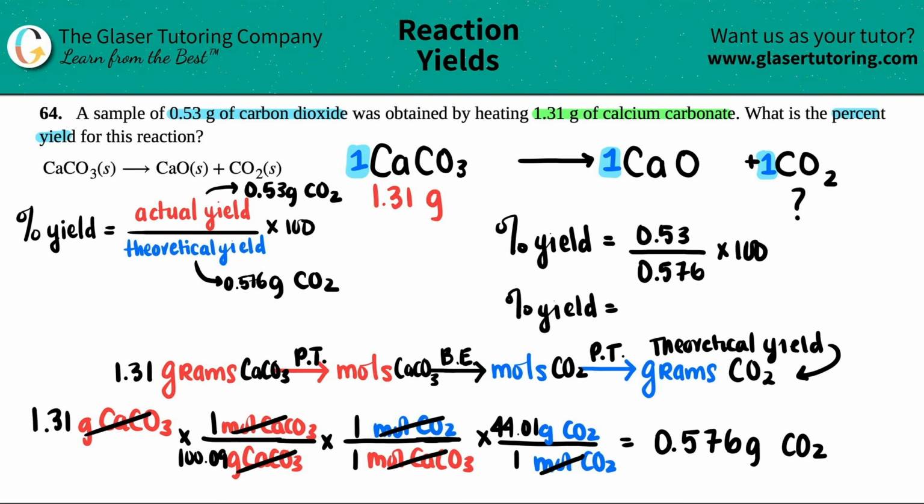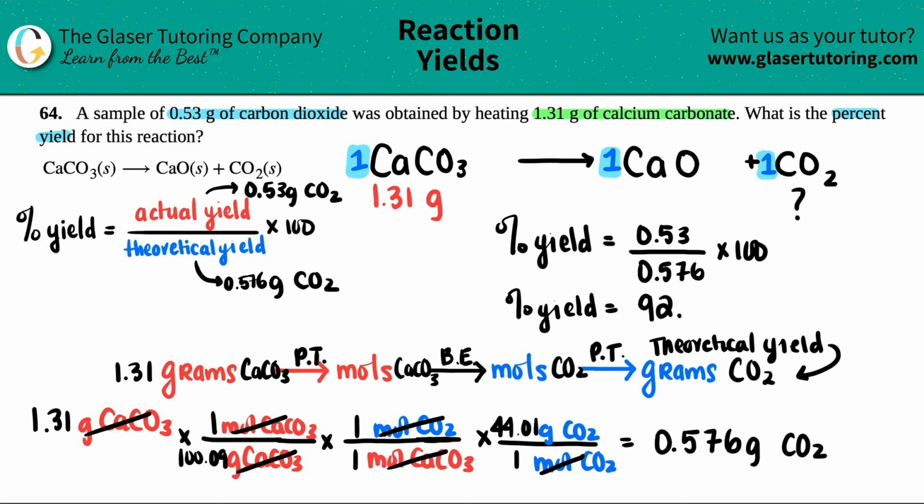Okay, this person wasn't so far off, right? They got 0.53 grams, could have gotten 0.57, so probably going to be a good yield here. So 0.53 divided by 0.576 times 100. Yeah, looks good to me. 92.2, with sig figs, technically.